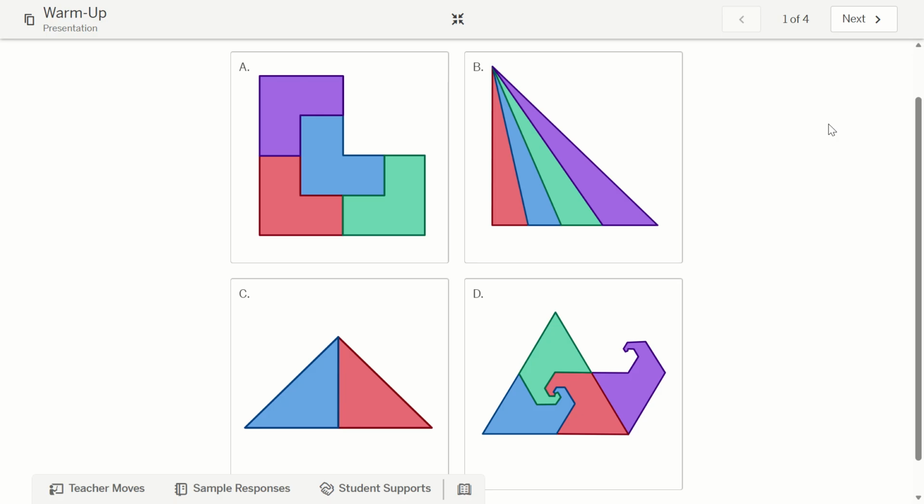Okay, now discuss with your groups which one doesn't belong and why. Go.